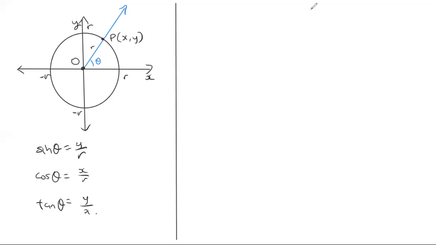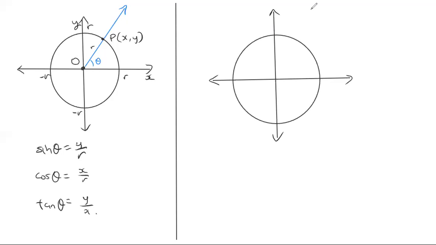Now I'm going to have, again, my coordinate axes. And I'm still going to have a circle, which is still going to be radius r. And I'll still have my ray, I'll draw in blue as before.